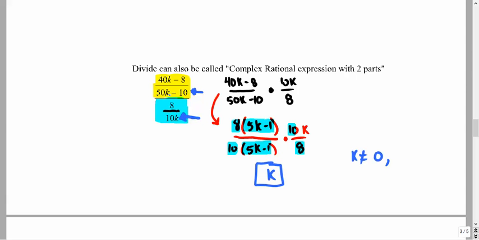And then down on this one, I can use this 5k minus 1 part. So 5k minus 1 cannot equal 0. That means 5k cannot equal 1, and k cannot equal 1/5.